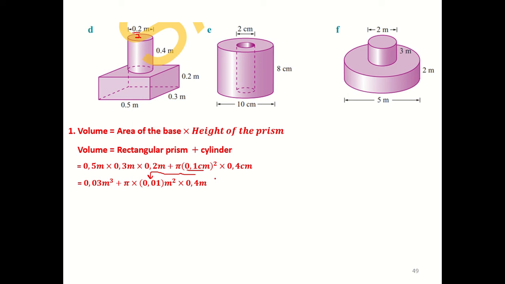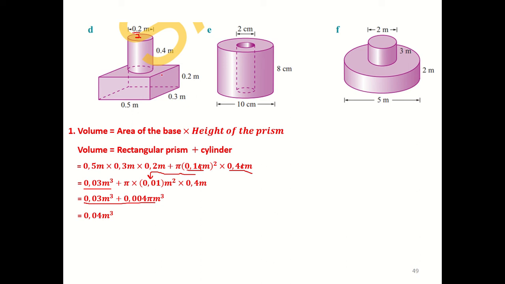And obviously I will multiply that by the height of the cylinder, which is simply 0.4 meters. 0.01 multiplied by 0.4 will give me 0.004, and 0.5 times 0.3 times 0.2 will give me 0.03. Add 0.03 with the 0.004 pi.